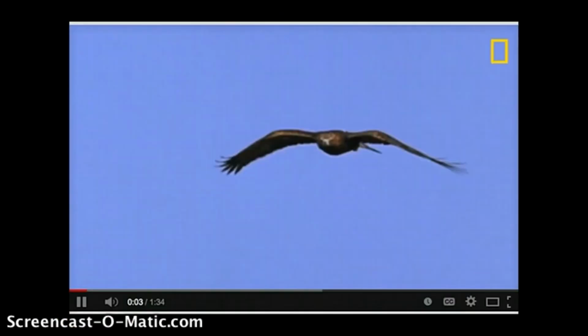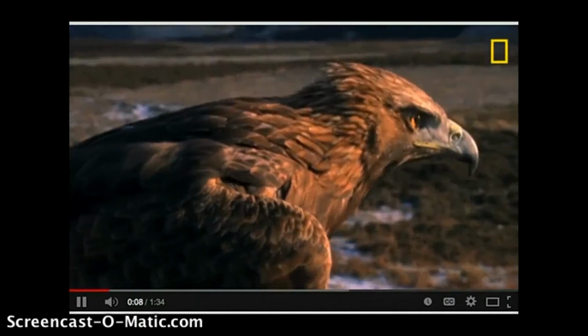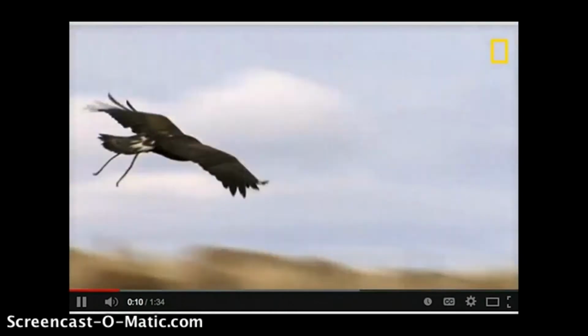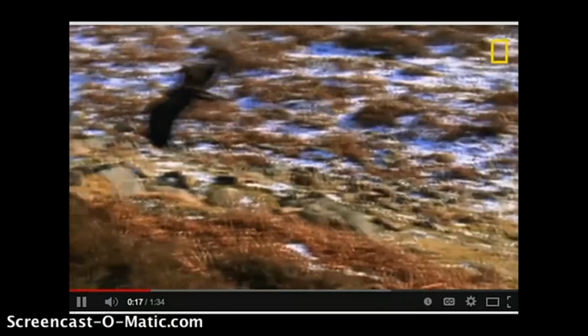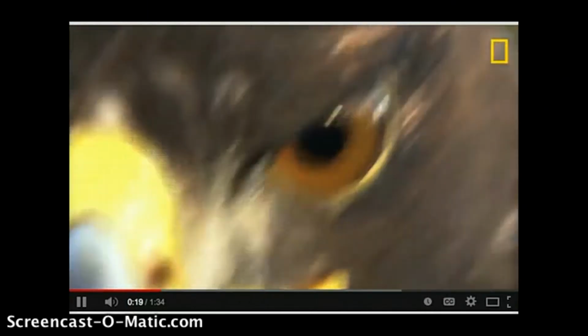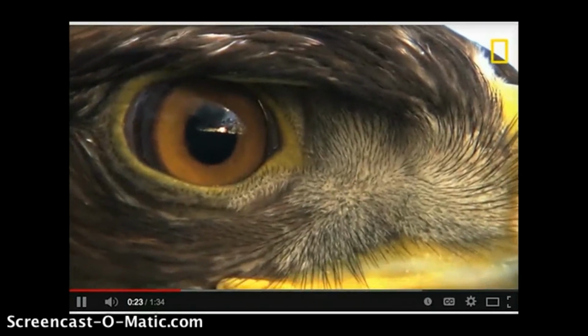Okay? It is a king. The golden eagle, North America's largest raptor. This bird is an incredible hunting machine. A 7-foot wingspan, razor-sharp vision. Its eyes can spot prey from over 2 miles away.